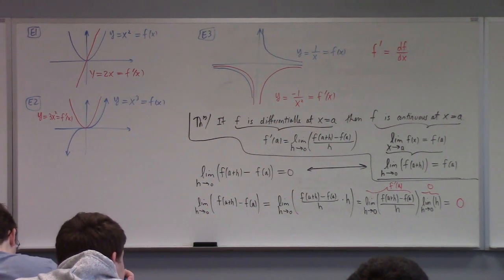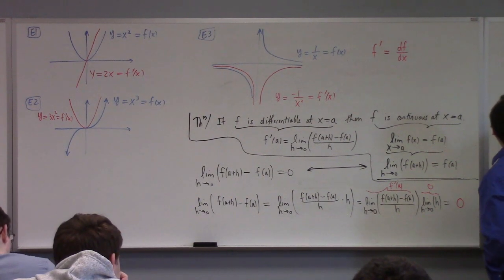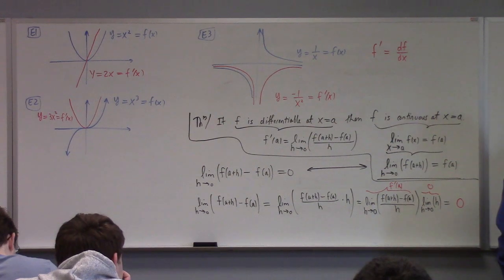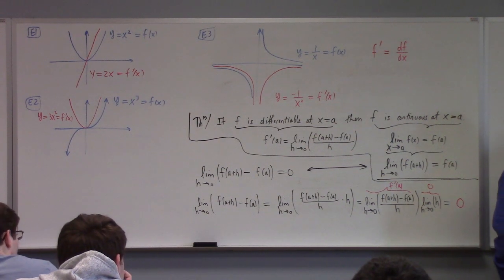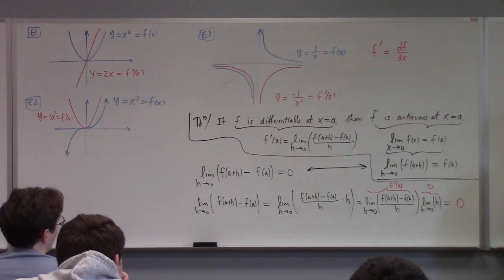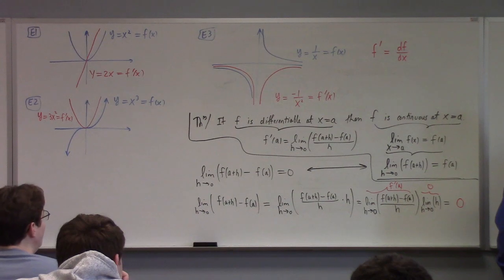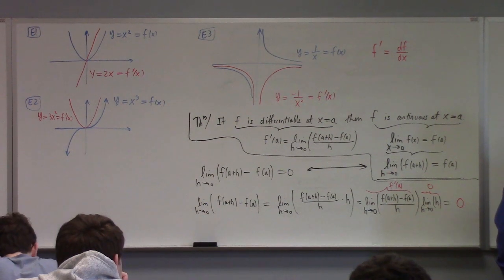So, if you're given a graph of a function and you're asked about the derivative at a point, let's suppose I had something like y equals x minus 2 for x... Oh man, that's not right.